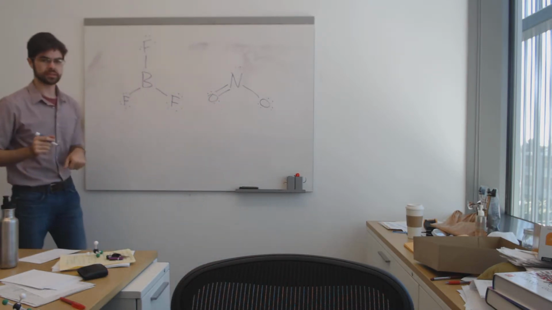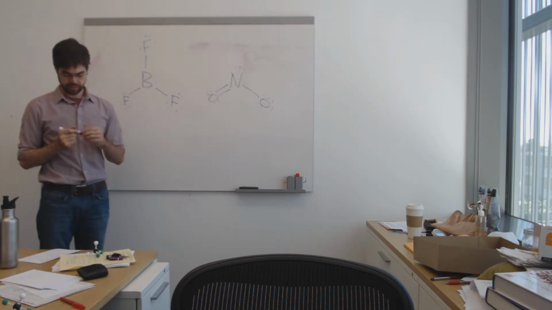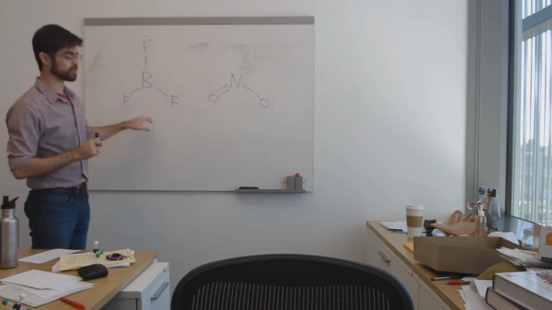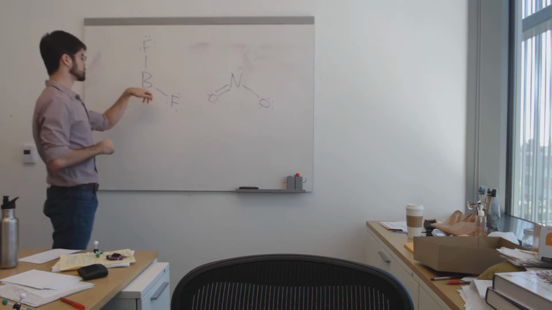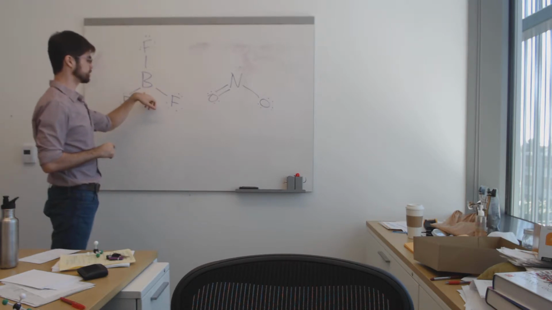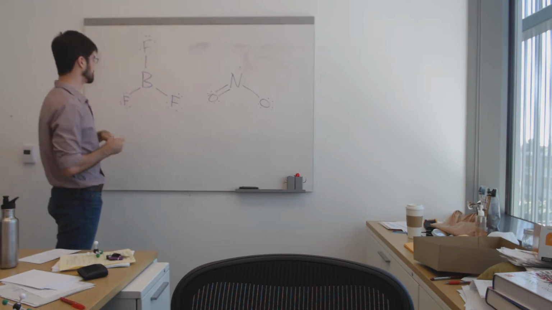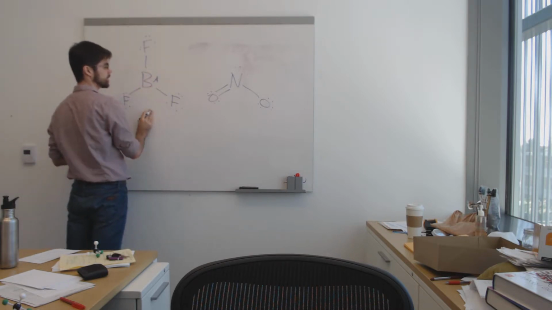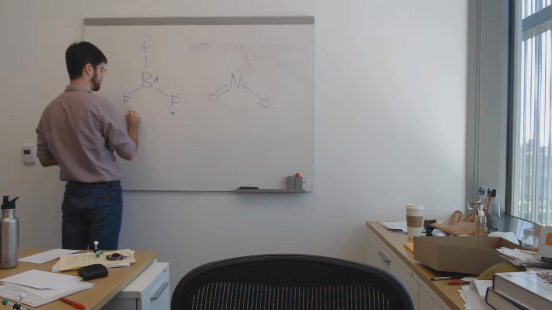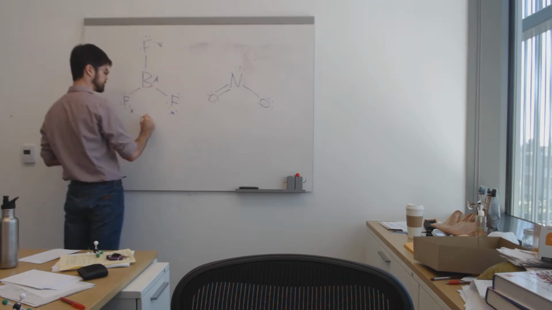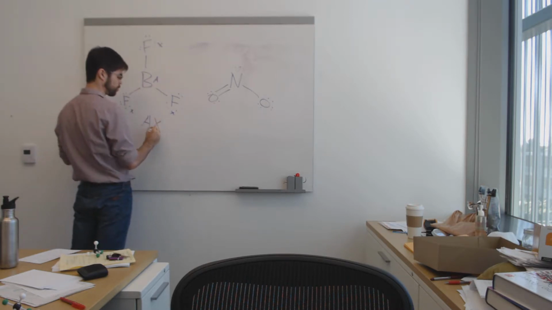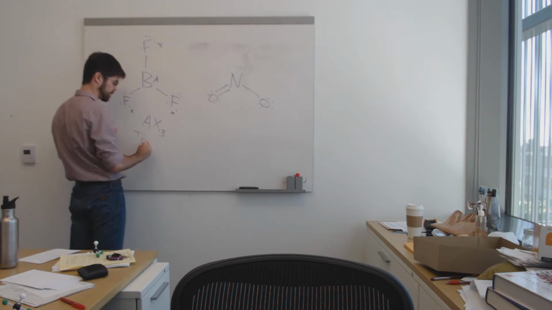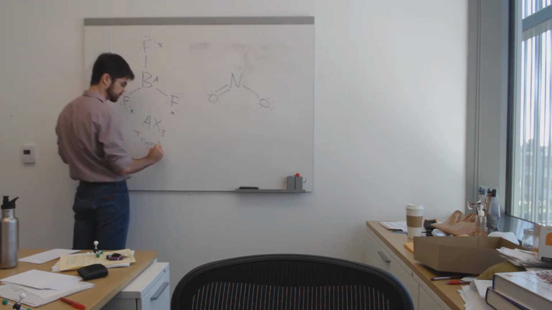And if you were going to ask me to identify their shapes, let's identify their molecular geometries. So the VSEPR formula for BF3 is, okay, around the central atom, I have three other atoms. So its VSEPR formula is AX3, and that would classify it as trigonal planar.